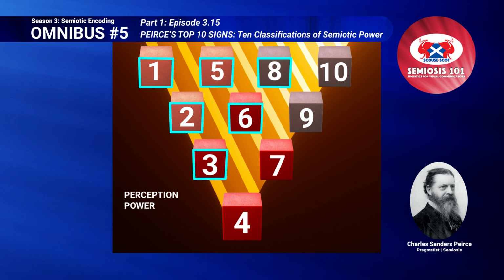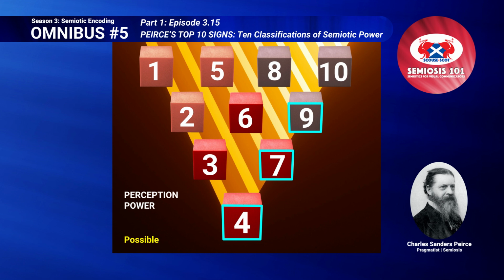These have a perception power of possible intensity of semiotic communication. Below them are a strip of signs 4, 7 and 9 with an intensity of the suggested. Sign 10 in the top right hand corner has an intensity of the resolved. We will return to PEIRCE'S terms for Semiosis 101's designer-centric terms in the next 2 episodes.